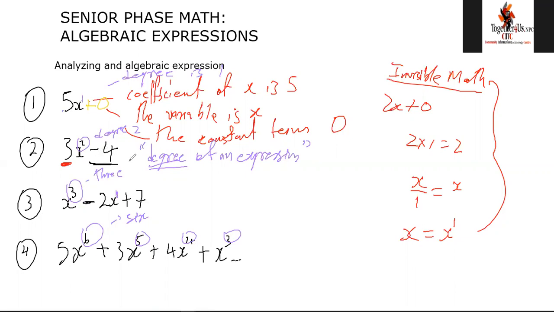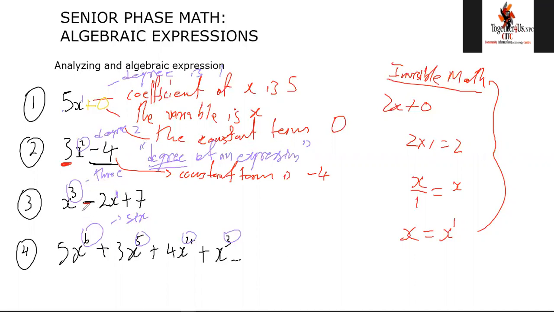The constant term here, guys, is -4, not 4. Yes. You'll be surprised, huh? It is important that when we look at terms in an expression, we also consider the sign of the coefficient or the constant term. The point is, consider the sign or the operation next to that term, on the left of that term in particular.